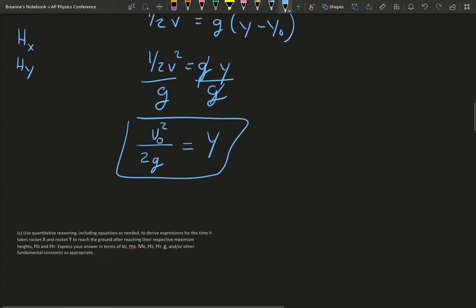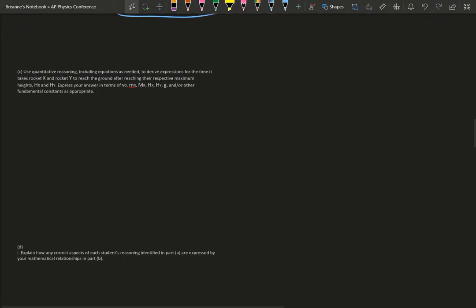Hot diggity. So the next part says to use quantitative reasoning, including equations as needed, to derive an expression for the time it takes rocket X and rocket Y to reach the ground after reaching their maximum height.